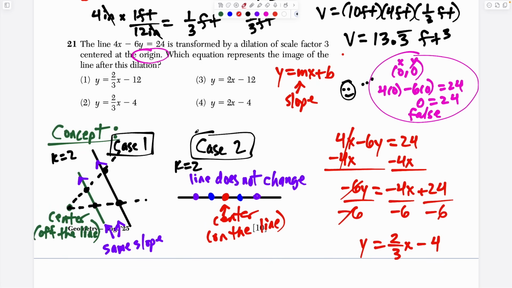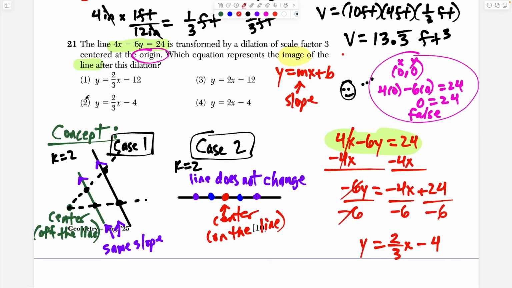What we need to happen here is, once again, a massive idea. We want to find the image of the starting line, the one we had over here, after a dilation scale factor 3 centered at (0, 0). However, the line has to change. We need a new line that has a slope of 2/3 and a y-intercept that's not equal to negative 4.